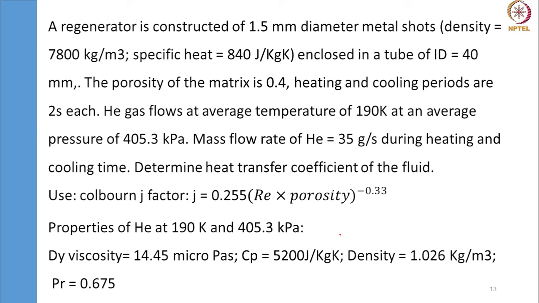We want to find the heat transfer coefficient of the fluid. I have given you the heat transfer coefficient in terms of a relation, that is the Colburn J factor, and the properties are also given.